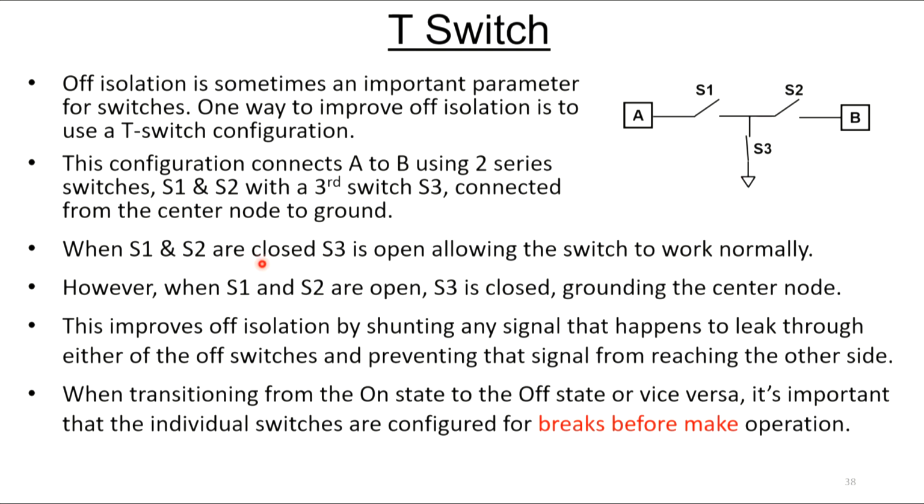When S1 and S2 are closed, we want S3 to open, and that allows the switch to work normally. However, when S1 and S2 are open, as shown in this diagram, we want S3 to close, and that grounds this center point. And what that does is that this improves the off isolation.